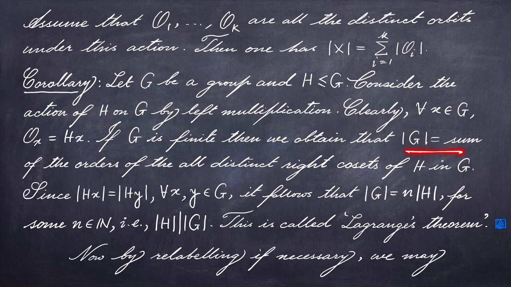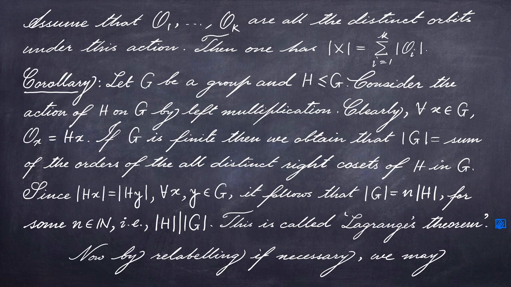Therefore, since all the distinct cosets have the same number of elements, exactly the order of H, we obtain that the order of G is some positive integer times the order of H, or in other words, the order of H divides the order of G. This is called Lagrange's theorem. So thus we have arrived at a proof of Lagrange's theorem from the point of view of group actions.